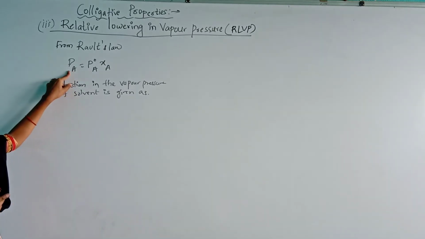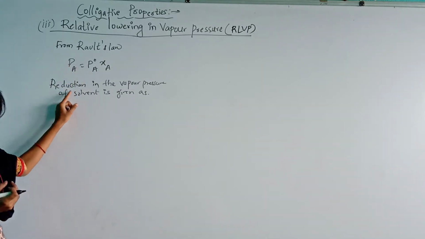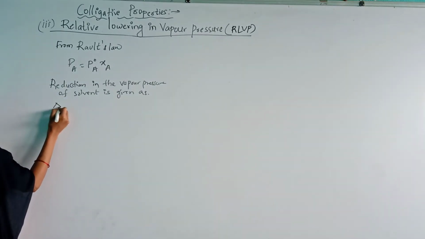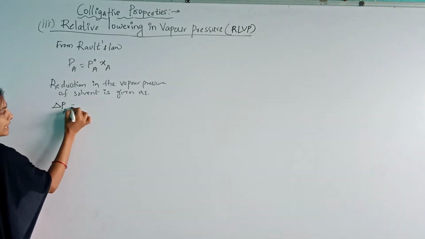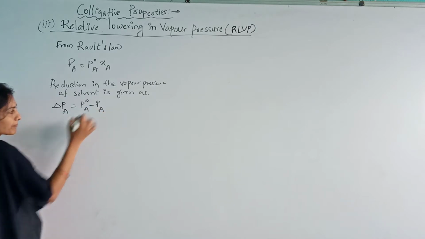PA is the pressure of the solvent. Reduction means difference, so I will write delta PA = P naught A minus PA.